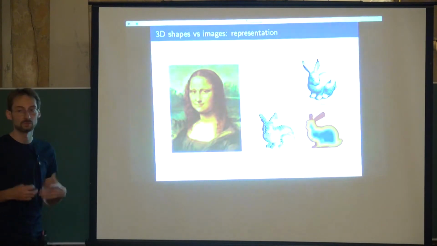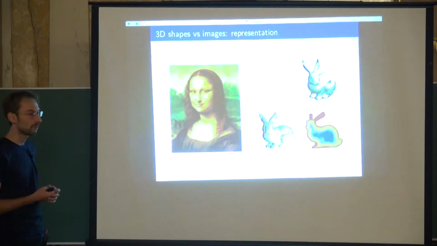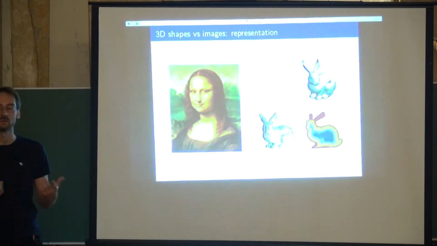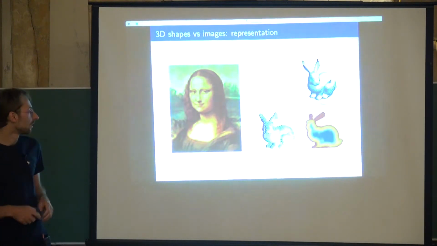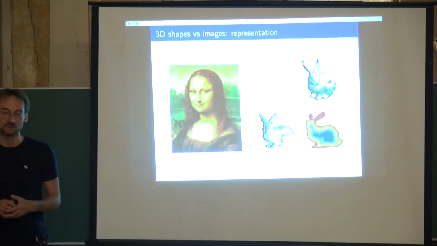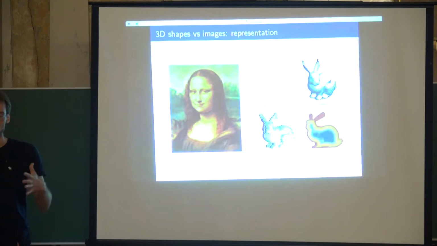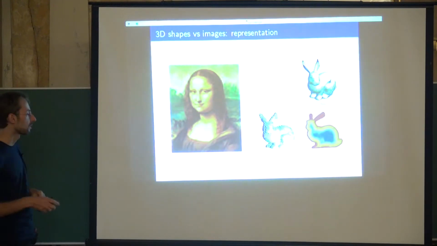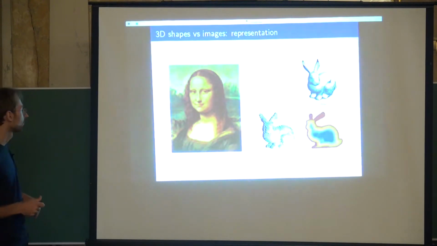Voxels, a generalization of pixels in 3D, are very common, for example, in medical imaging applications, when you get your 3D data from, let's say, a CT or MRI scan. Level sets are implicit representations, usually the result of some segmentation. If you have some volumetric representation and you want to segment your shape, the output of segmentation algorithms will usually be in this form, for example, a signed distance function.